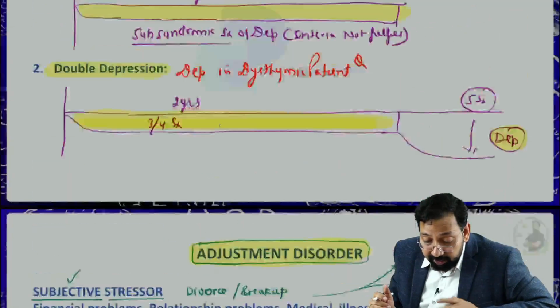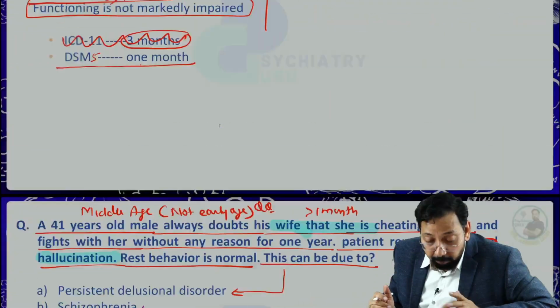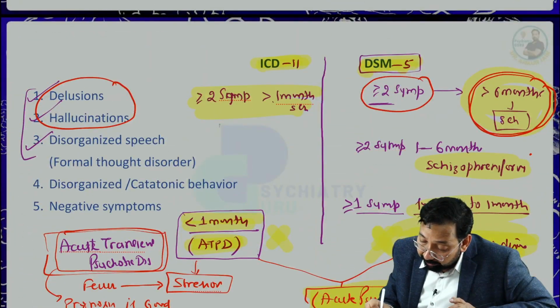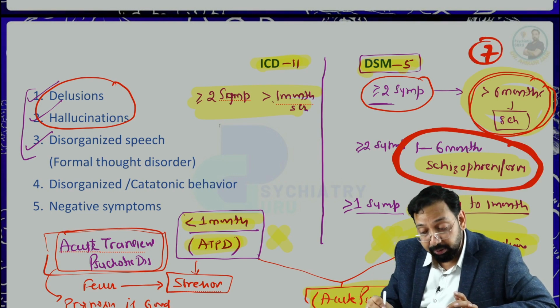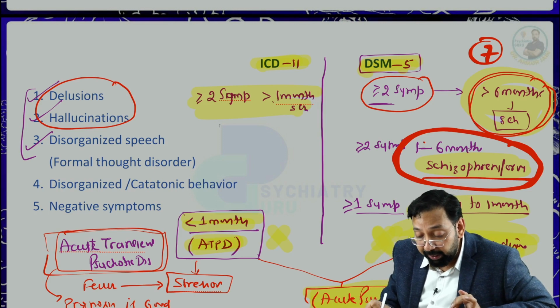We have discussed that if two or more symptoms are present from 1 month to 6 months, it is schizophreniform disorder. So in this question, a 7-month duration is given, so schizophrenia. If a 5-month duration were given, schizophreniform disorder.